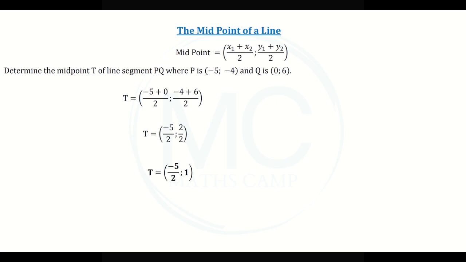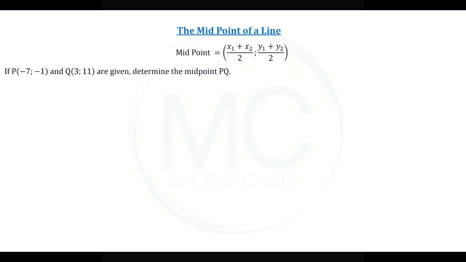Let's do one more example. If P with coordinates (-7, -1) and Q with coordinates (3, 11) are given, determine the midpoint of PQ. Now in this case, we haven't been given a letter for the midpoint. So let's call it M. So we can say that P is our first point and Q is our second.